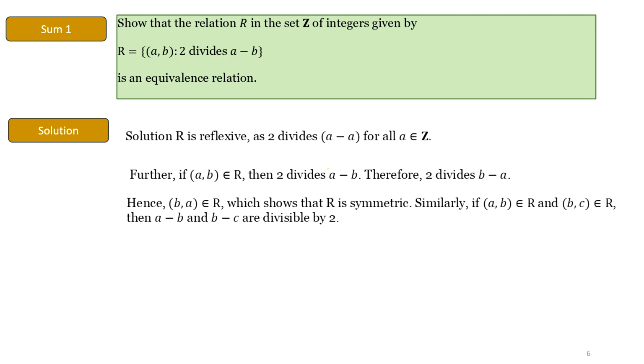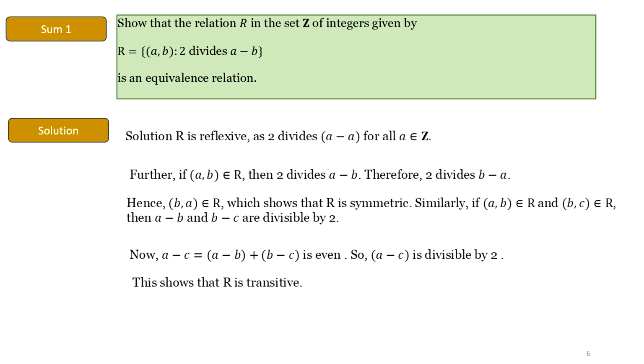Hence, R is symmetric. The same logic will not hold true if a, b belong to the set of natural numbers. R is a transitive relation because of this logic, and hence R is an equivalence relation.